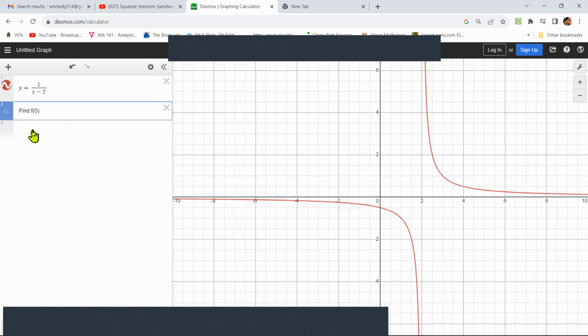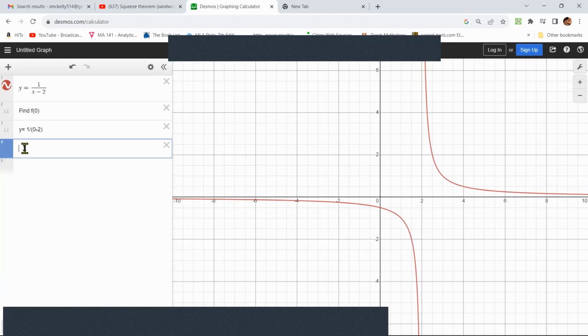Don't you have to put in 0 for y? No, this is telling me where the input goes. So it's going to be my x term. I'm going to put it in and it's going to be y. So y equals 1 over 0 minus 2.